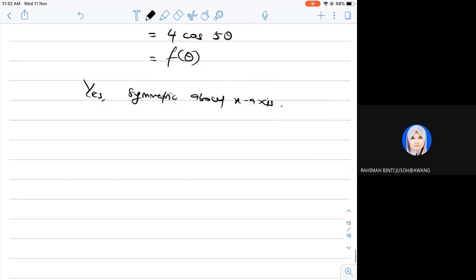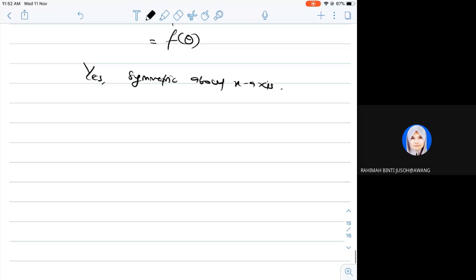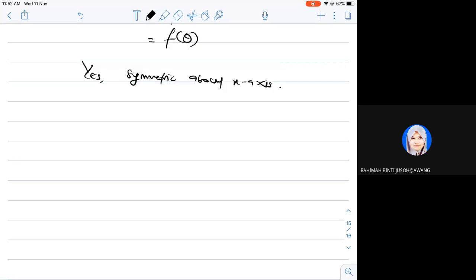Let's say, I ask you, show that. One more, last question, sebab dalam soalan dia tak ada about the pole kan. Okay, last question for today's class.